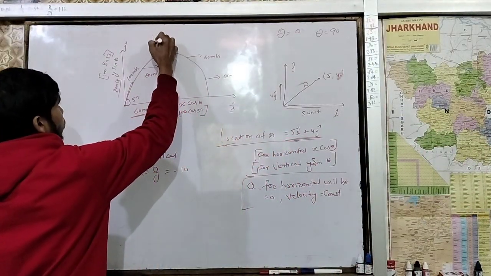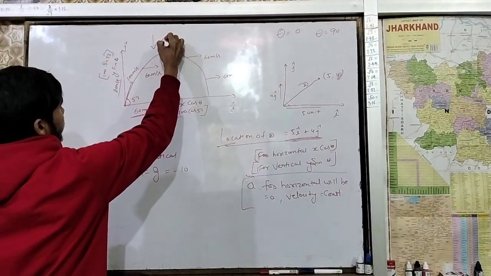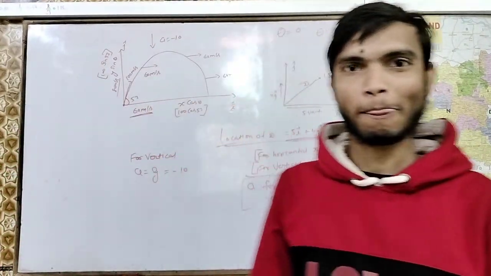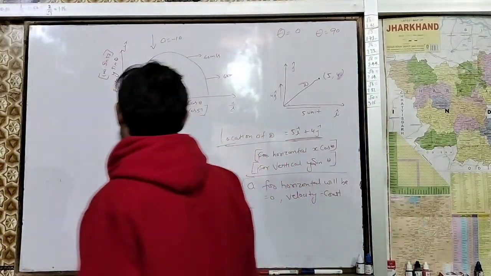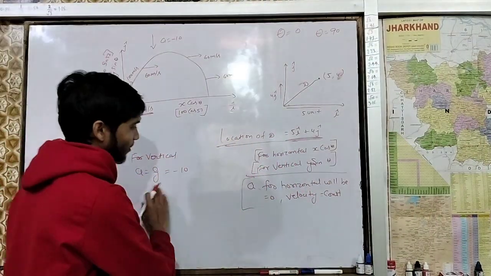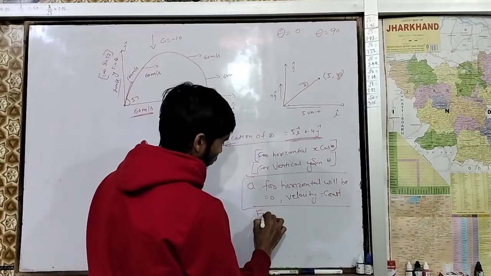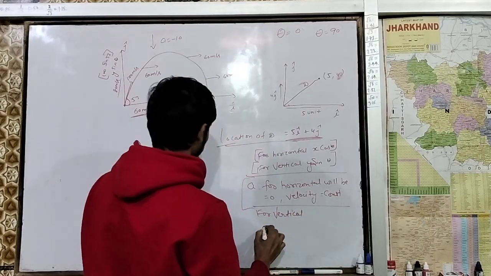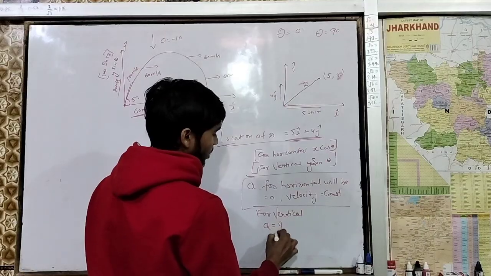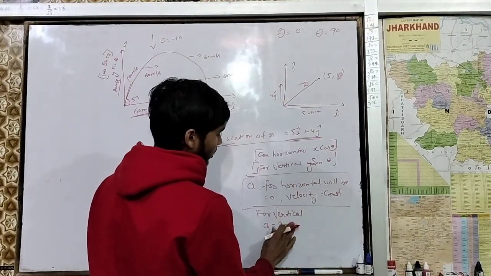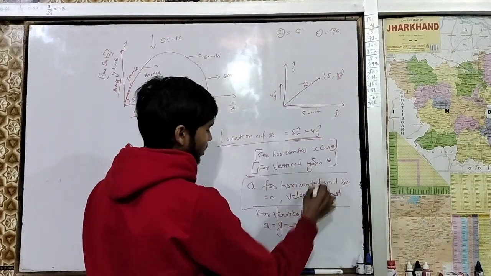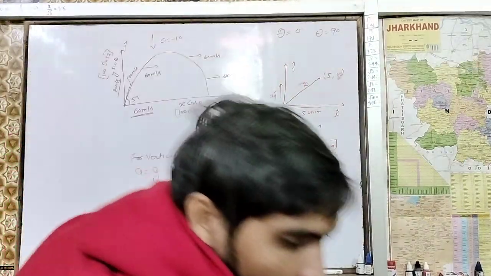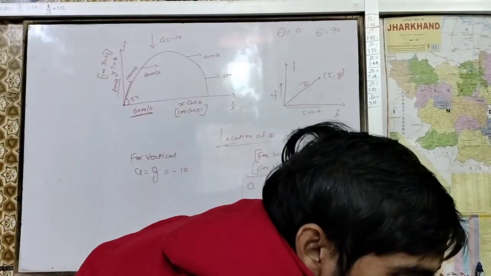So the vertical downward acceleration will be minus 10. Now tell me one thing, David. Let me write this over here. For vertical, acceleration is g, which is minus 10. Why minus? Because it is downward, that's all.